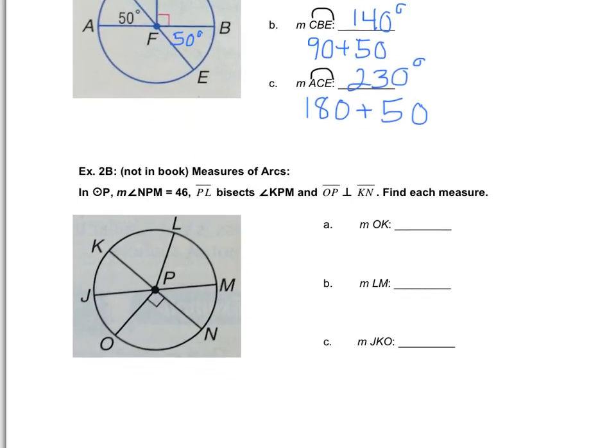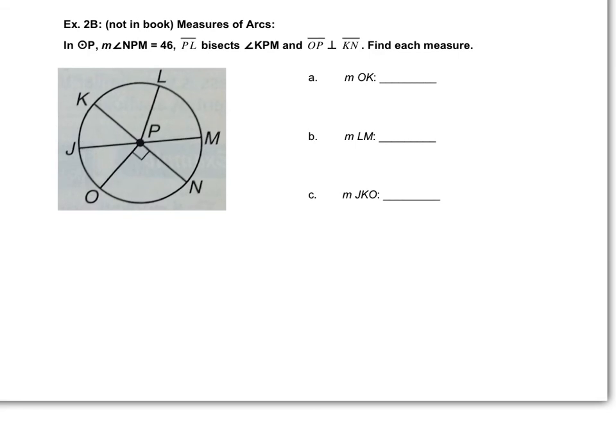Okay, moving on to our next example, the measure of the arcs in this picture here. We're told in circle P, the measure of angle NPM is 46 degrees. So NPM 46 goes here. We're told that radius PL bisects angle KPM.